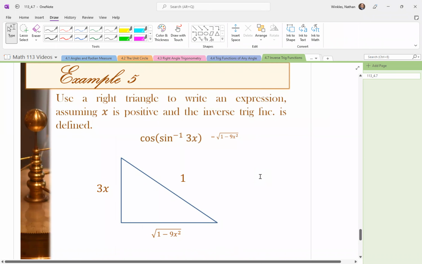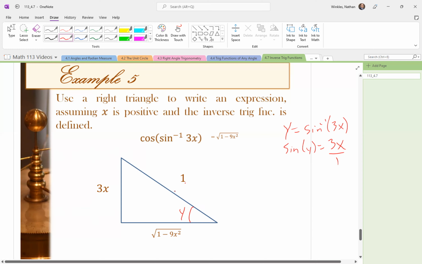We're told to use a right triangle to write an expression, assuming x is positive and the inverse trig function is defined. So again, y equals sine inverse of 3x. Therefore sine of y is equal to 3x. If this is my y, sine of y is really 3x over 1.